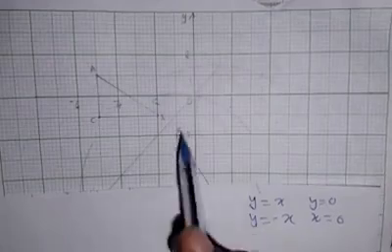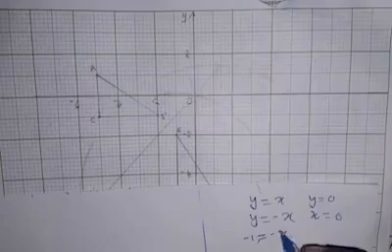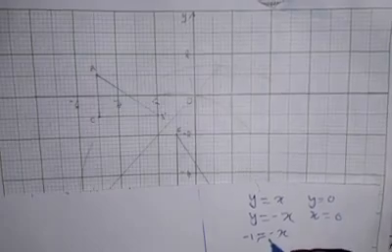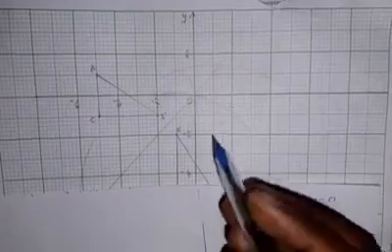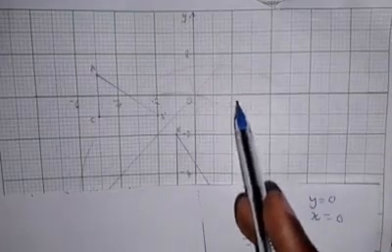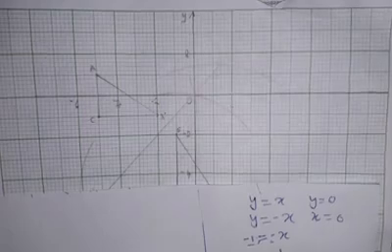For example, when you pick -1 for y, to find the value of x it will be negative over negative, so your x is going to be 1. Then when you pick the value of x to be positive, the value of y will be negative.